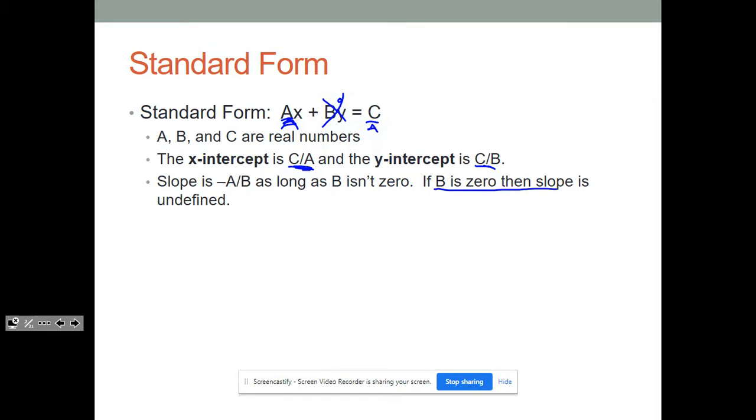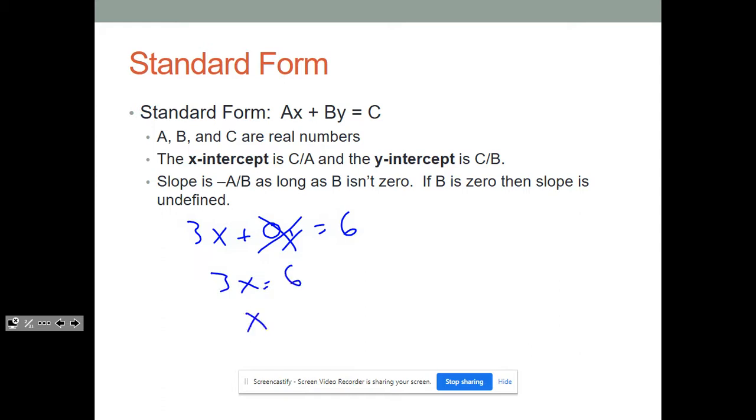If b is 0, our slope is undefined. For example, 3x plus 0y equals 6. The y is gone. If we solve that, x equals 2, which is a vertical line at 2, an undefined slope.